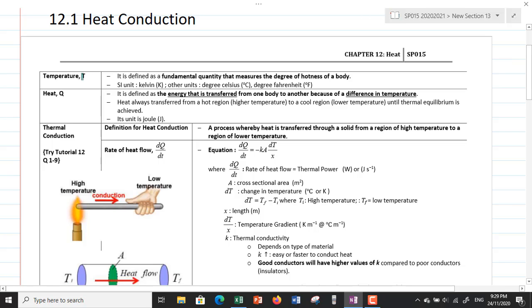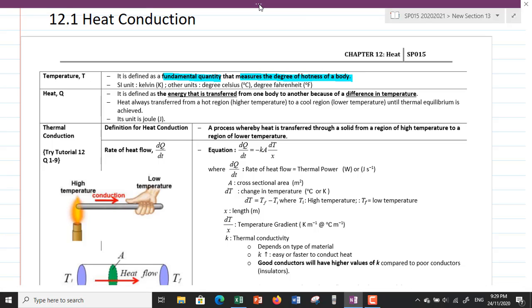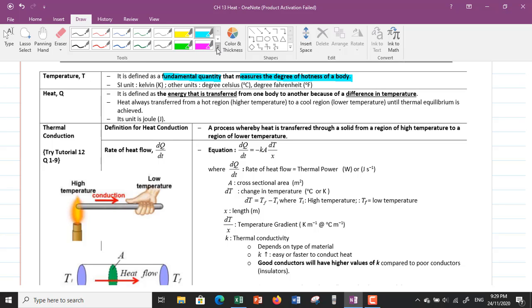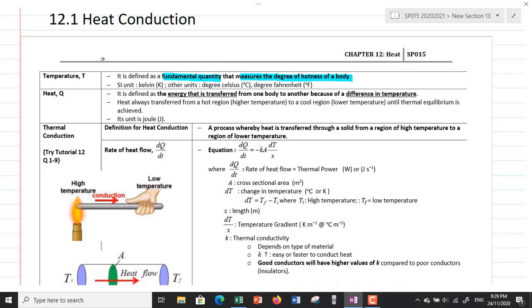Temperature we represent by a capital T. It is defined as the fundamental quantity, or basic quantity, that measures the degree of hotness of bodies. It actually is a measurement of the hotness and coldness of a body.